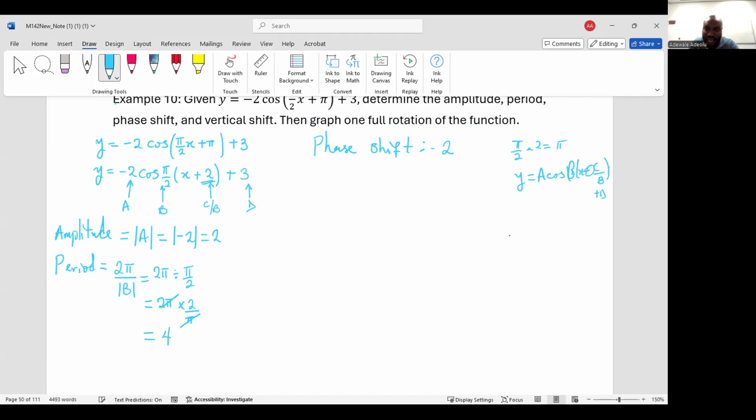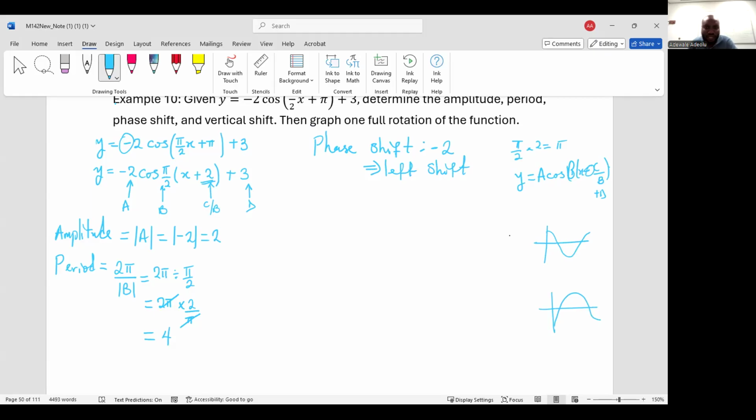So that means our phase shift is negative, meaning a left shift. Another thing we need to take note of is this negative. Since this is the way cosine behaves, and we have a negative there, our behavior should be something like this.